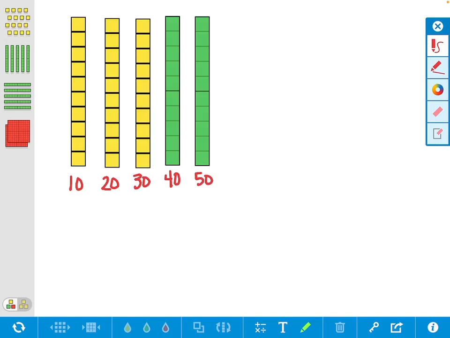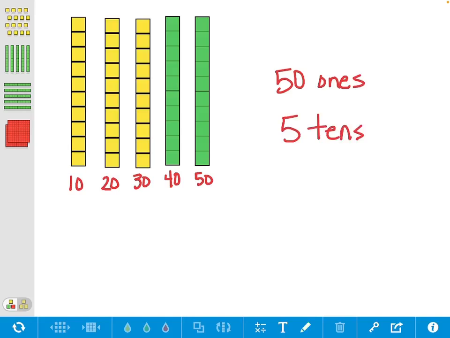All right, so I have 50 ones represented. But if I were going to talk about how many tens models I have, I would just say that I have 5 tens.